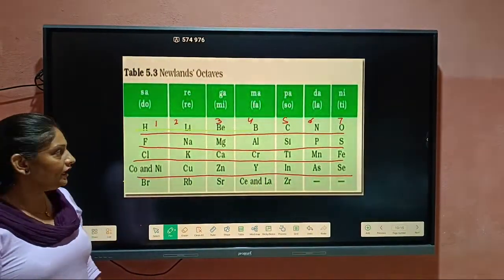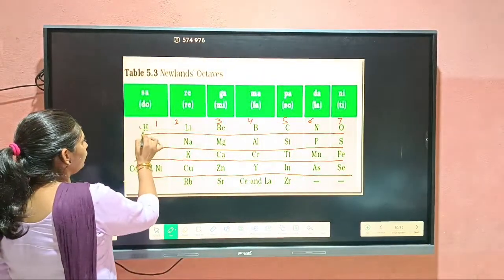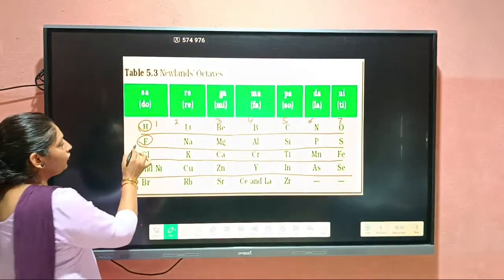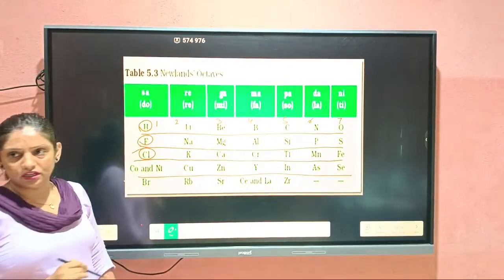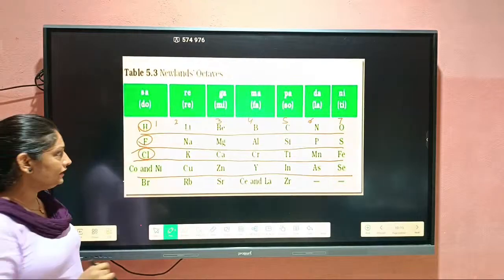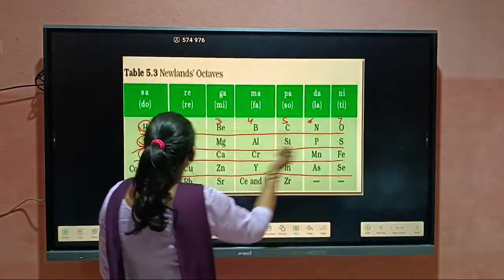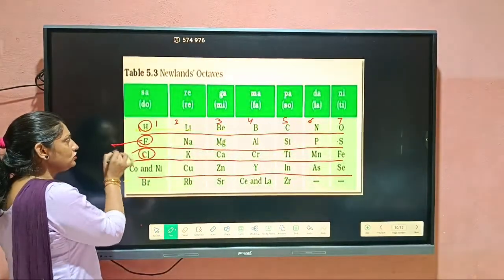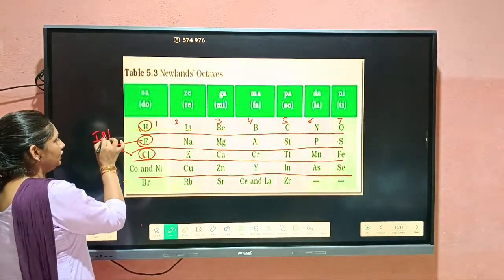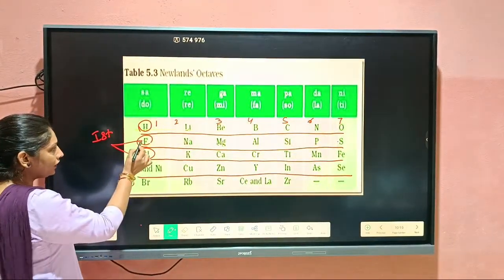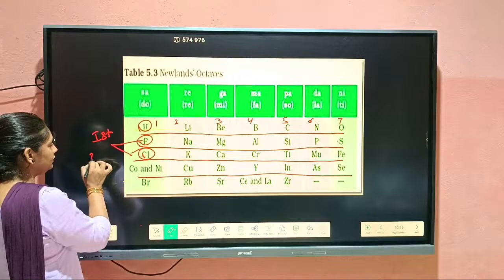And he was saying that the properties of hydrogen and fluorine are similar. Properties of fluorine and chlorine are also similar. And you can see that it is 1, 2, 3, 4, 5, 6, 7, 8. So the properties of the first element, let us consider it is fluorine, with respect to this, chlorine is the 8th element.